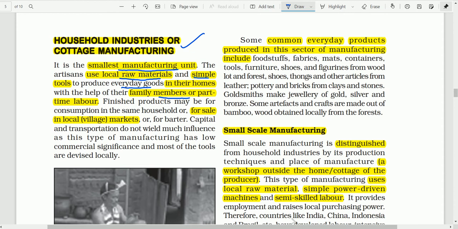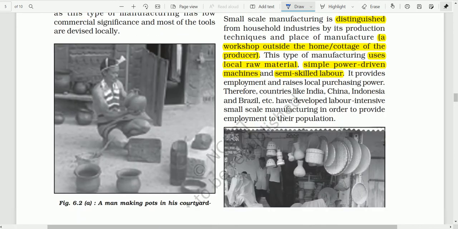The finished products may be for consumption in the same household or for sale in the local markets or for barter, that is, for the exchange of commodities.